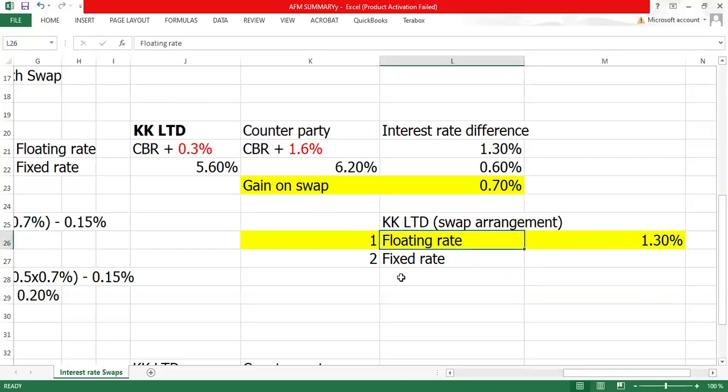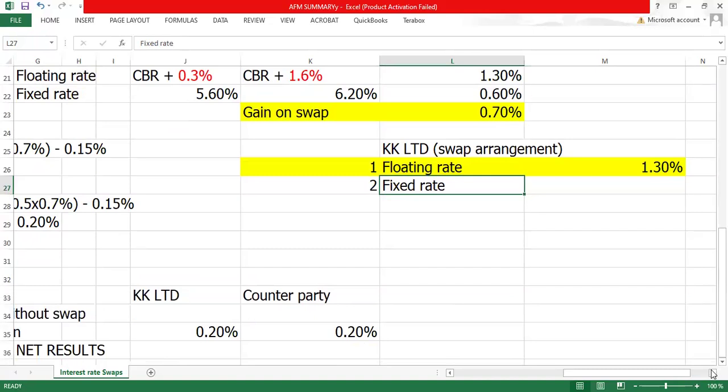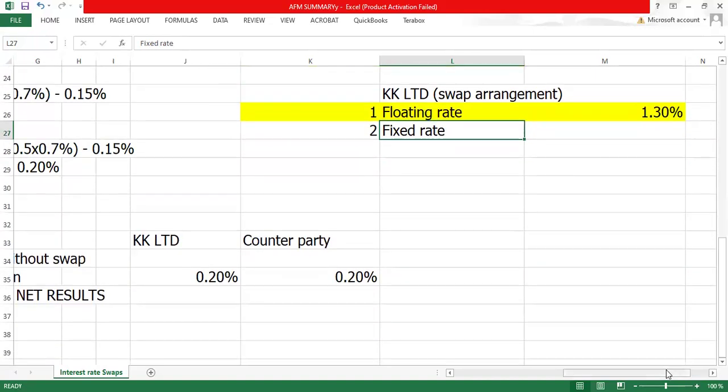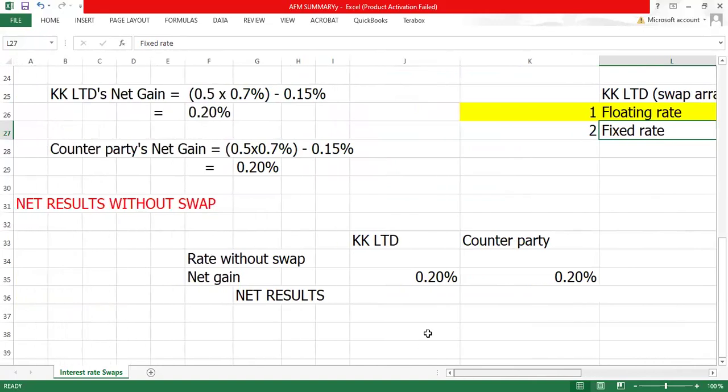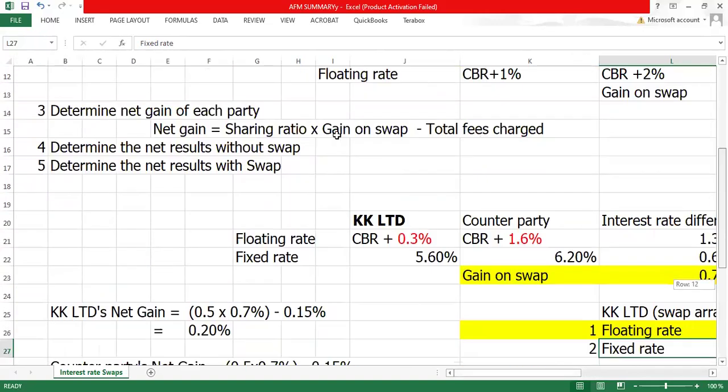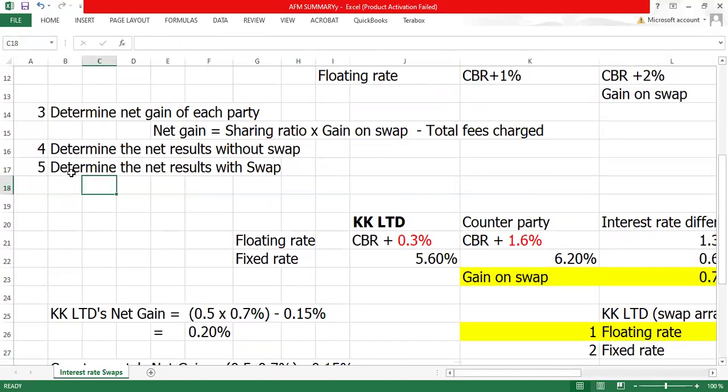So after knowing that, it means that in arrangement without swap, you must start with the fixed rate. The reason why you're starting with fixed rate is that at the time you're computing the net result with swap, you'll be in a swap arrangement, so you'll be using the rate where you benefit more, that is floating rate.